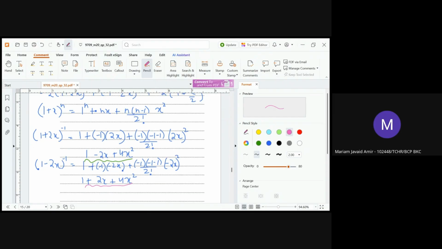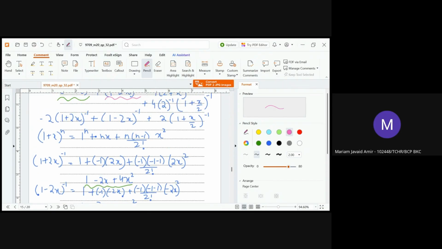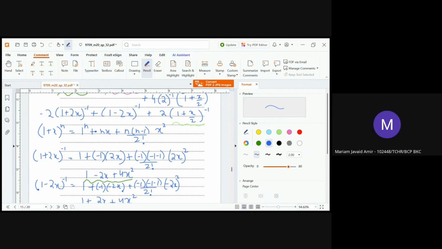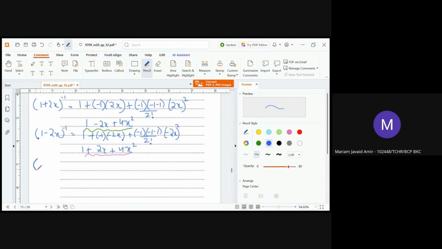And then lastly, we're going to expand this, which is (1 plus x over 2) power negative 1. Okay, this will be 1 power negative 1, which is just 1, minus nx, plus nx actually, plus n(n minus 1) over 2 factorial times (x over 2) whole squared.